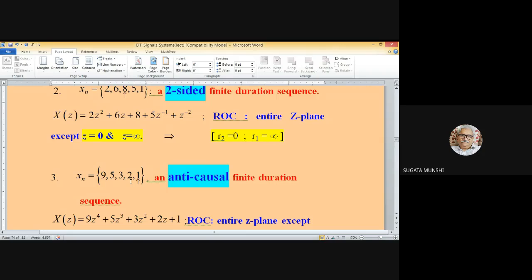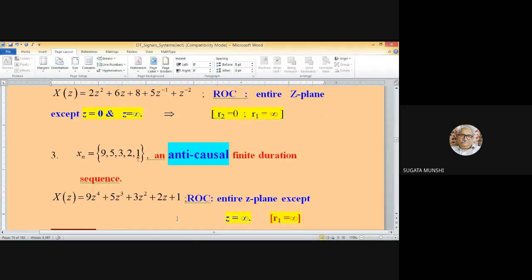So x[-1] is 2, x[-2] is 3, x[-3] is 5, x[-4] is 9. All right. So what will be the expression for the z transform? This is the expression. So here the ROC is the entire z plane with the exception of z equal to infinity. Is that all right?